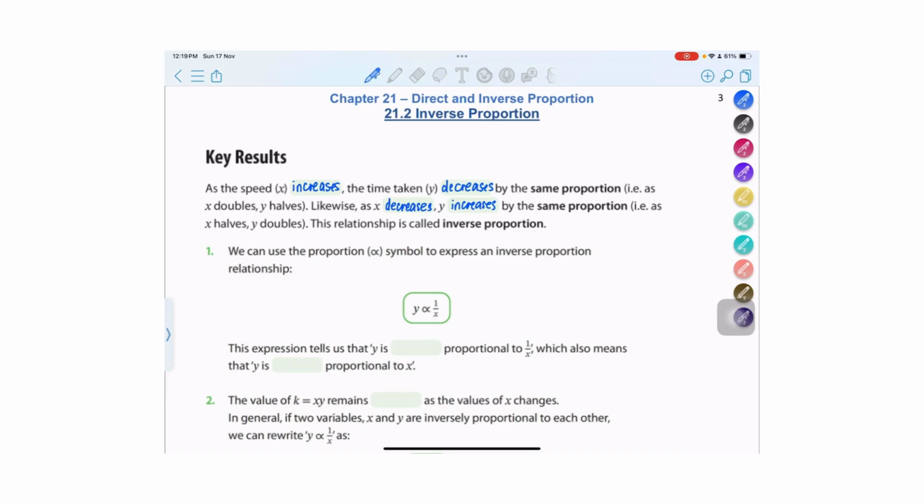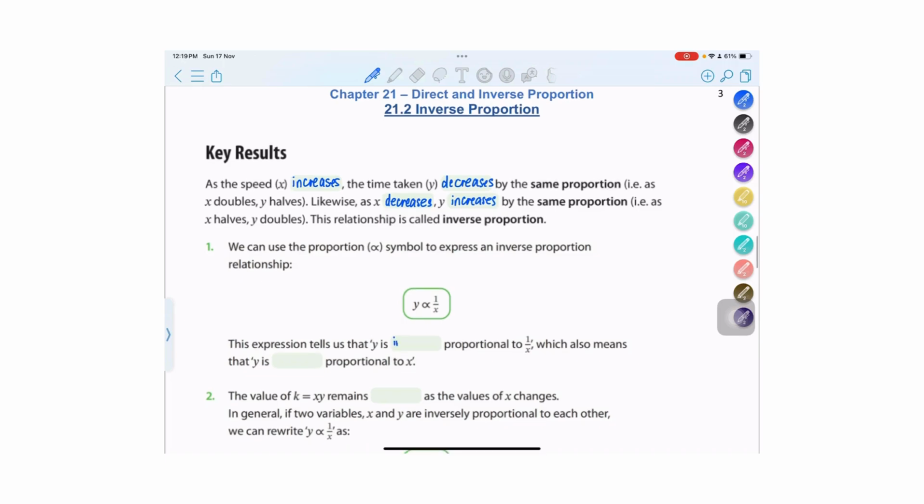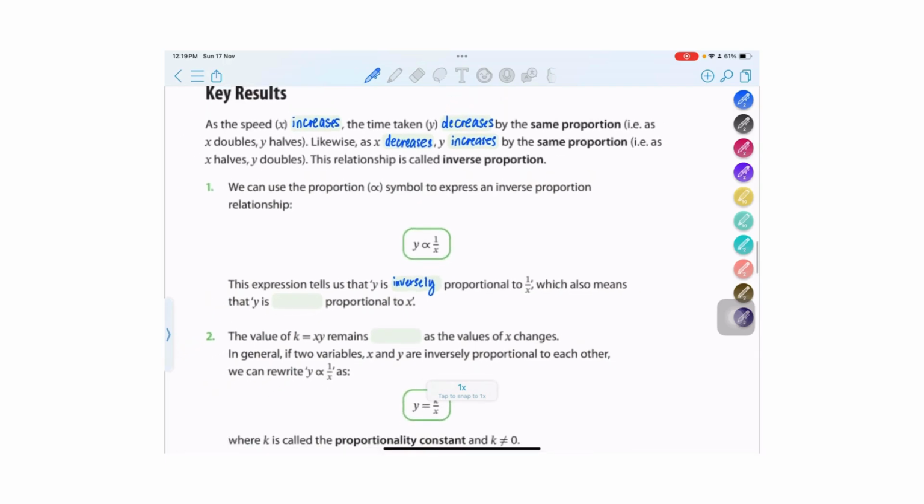This expression tells us that y is inversely proportional to 1 over x, which also means that y is inversely proportional to x.